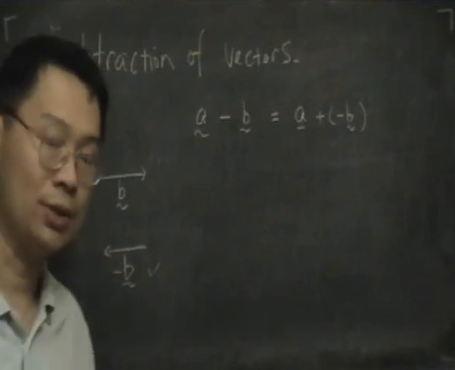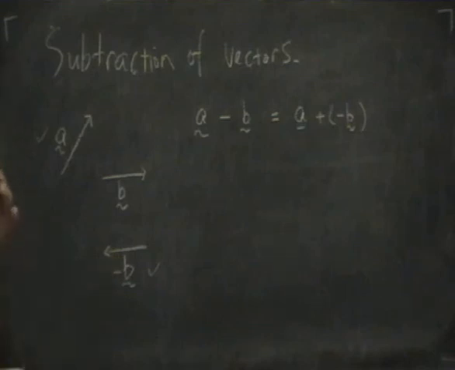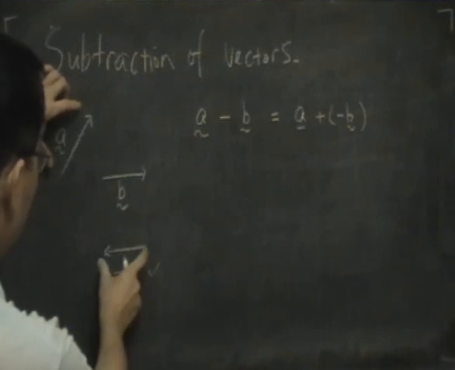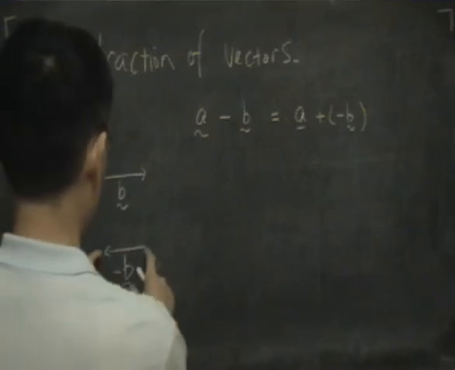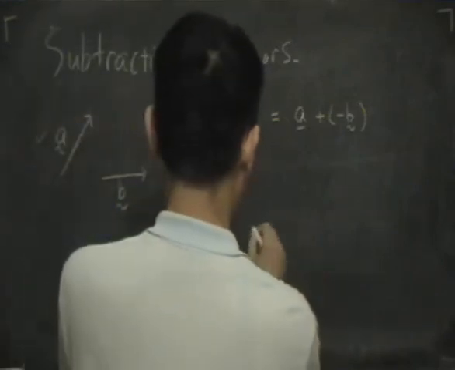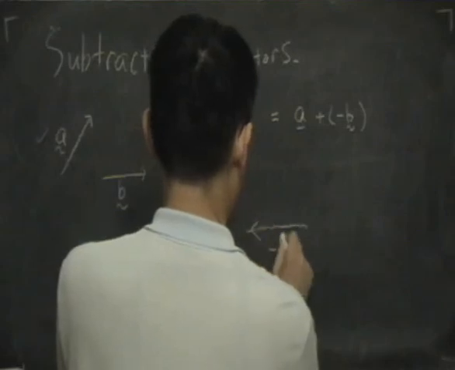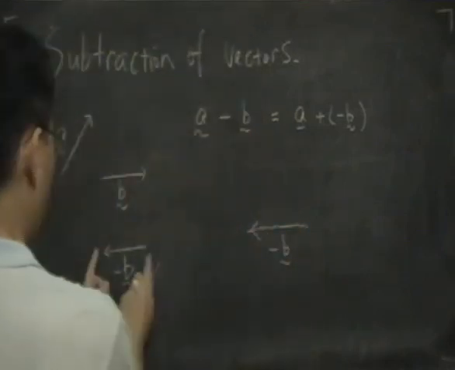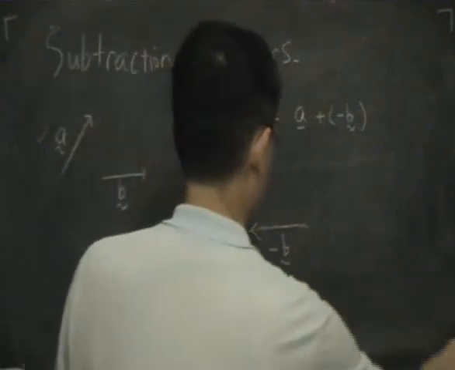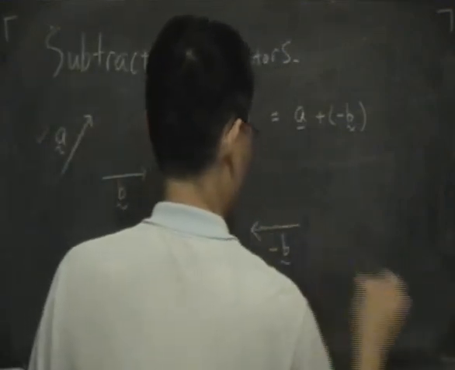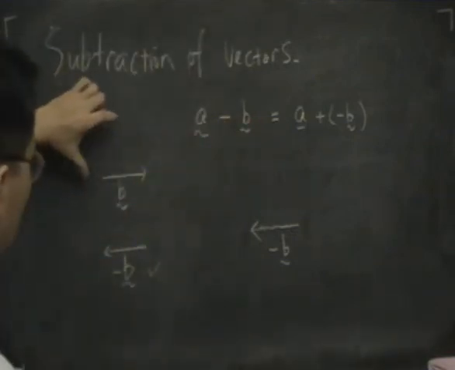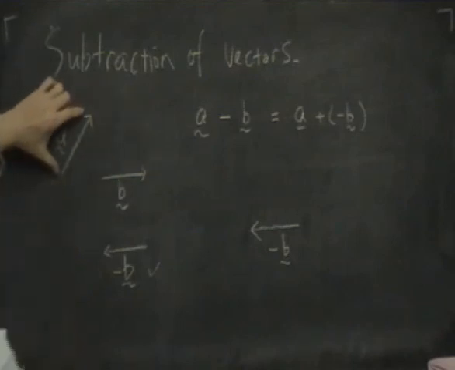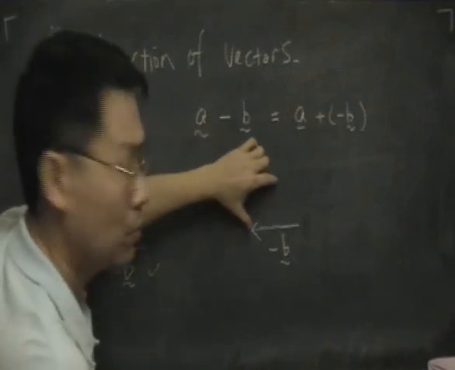Now we know how to add vectors. If I have that vector and that vector, we can do it by moving these two vectors around. Remember that when you move the vector, you must keep the same direction. So let me move this minus B over there. I must keep the same distance and direction. Something like that. Then I must move this other vector so that the tail of this vector touches the tip of the other vector.